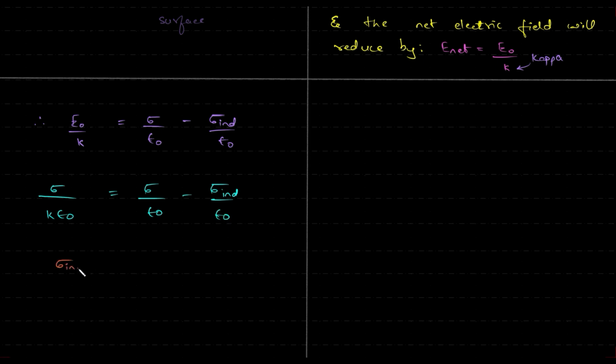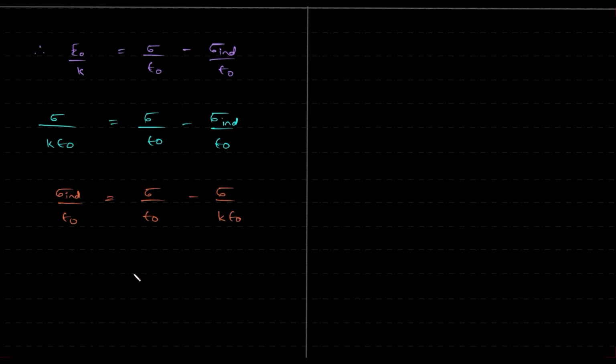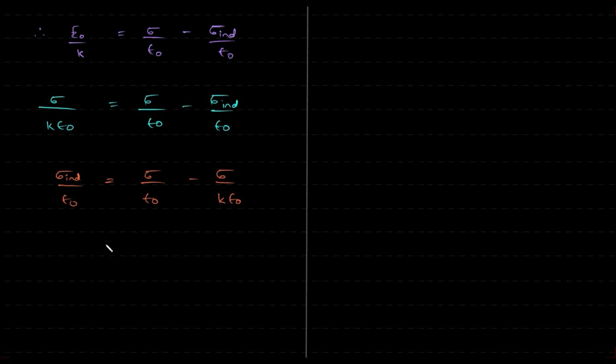So let's see how much charge is induced. That's one of the expressions that we'll make use of. K epsilon naught. So this will be epsilon naught, all of that will get cancelled. This is 1 minus 1 by k, so k minus 1 by k. Okay guys, so that would be your expression.